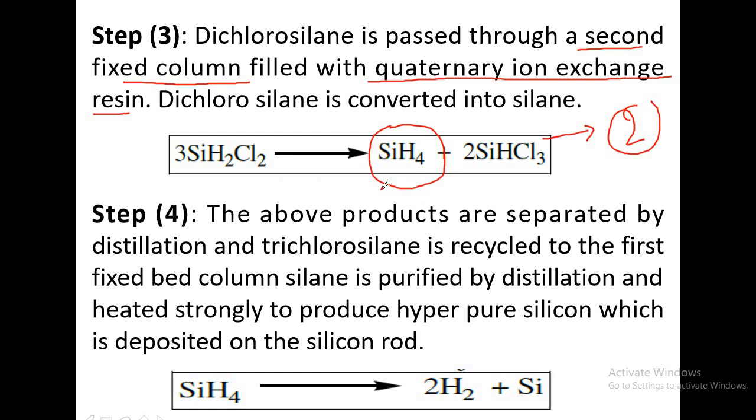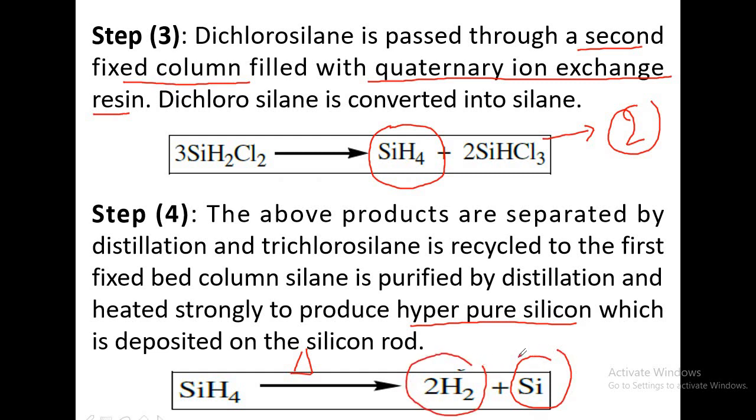Now the silane thus obtained is subjected to thermal decomposition, or it is heated to a very high temperature. When it is heated to very high temperature, it undergoes thermal decomposition to give hyperpure silicon. So you get hyperpure silicon, and hydrogen gas is also evolved.